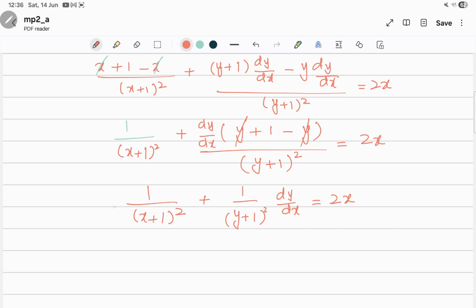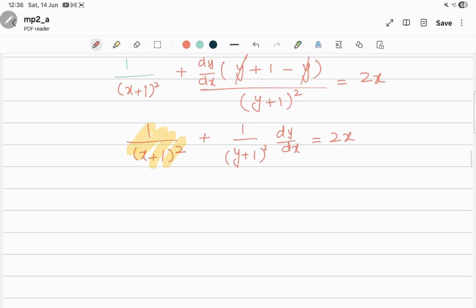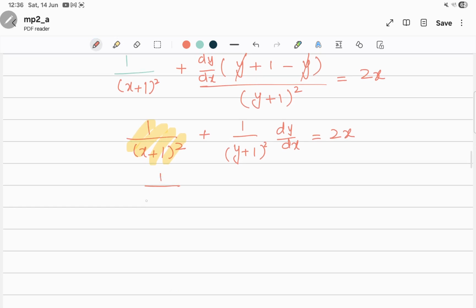If you take this term to the right, we will have 1 over y plus 1 whole square dy over dx equals 2x minus 1 over x plus 1 whole square.